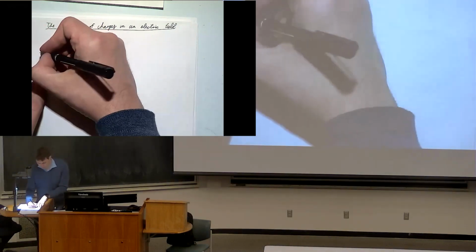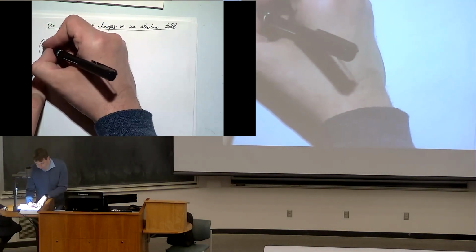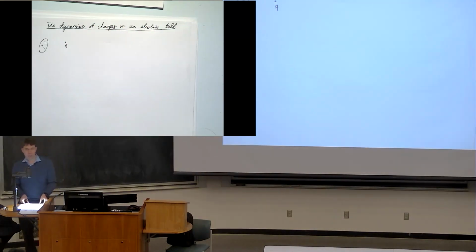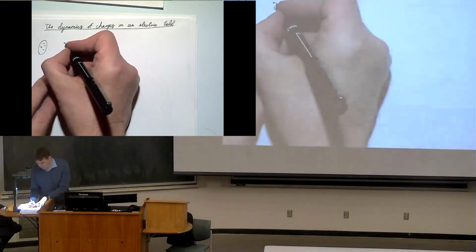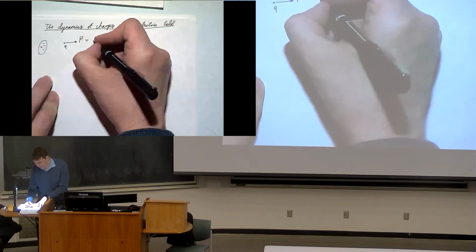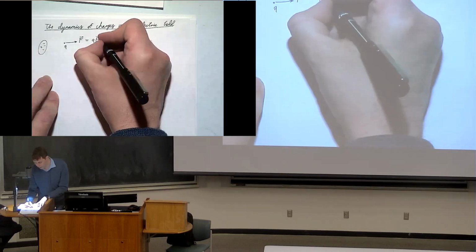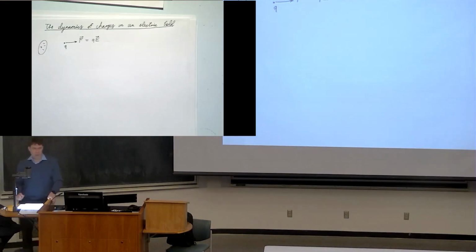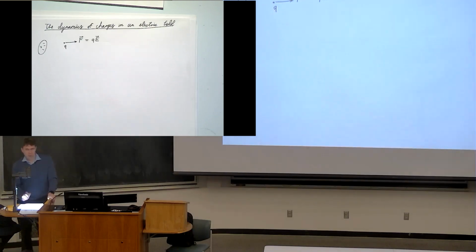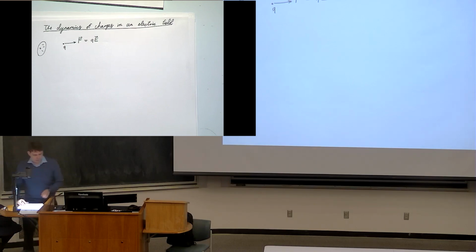Okay, so let's say we've got a charged body, put a charge Q next to it, and as a result some force F equal to QE acting on it. And if this particle with charge q isn't pinned, if it's not held by anything, if it's not localized, it can move as a result of this force.